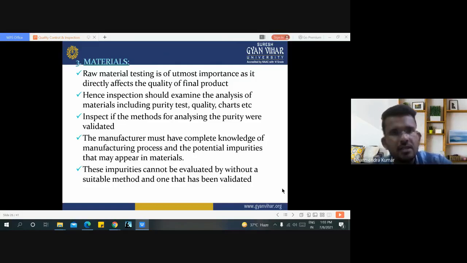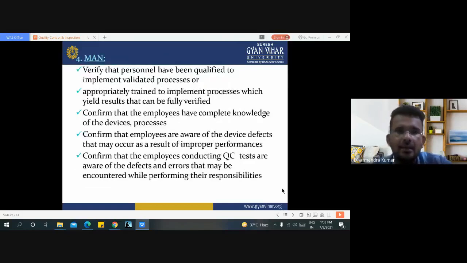The fourth M is man. Man here represents the operator or labor, either a skilled labor or a non-skilled labor. First, we have to confirm that the person who is working as an operator has been qualified to implement the validated process or not.